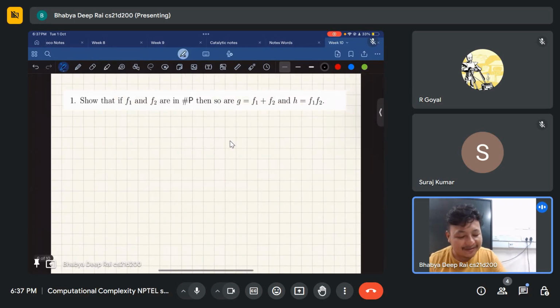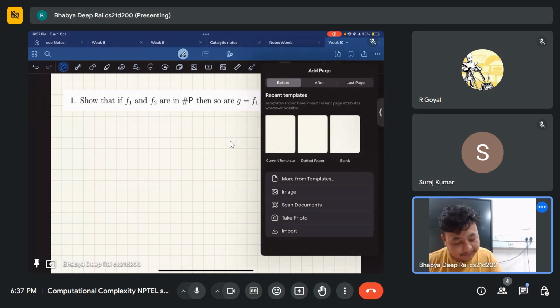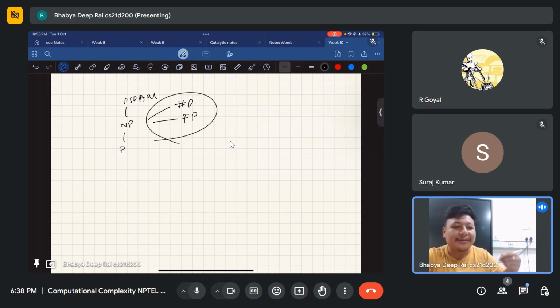Even if I build a landscape where P is contained in NP, and NP is contained in PSPACE, I cannot suddenly bring in sharp P or FP. It does not fit into the same landscape. This falls into a separate counting landscape or functional landscape. So it does not make sense to do that.